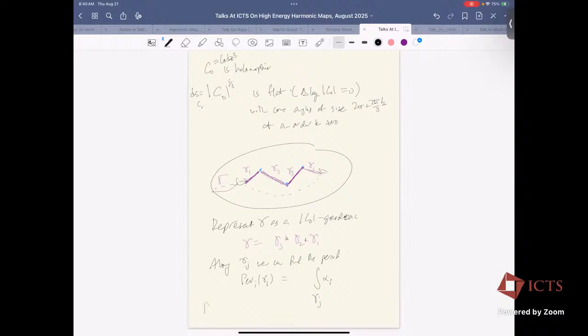And then I will define the intersection number of gamma with C0 in some funny way. I'll start with the period of gamma J with respect to I. That's a complex number, since these are holomorphic forms, alpha I. So I'll take the real part, and for each gamma J, I have three of these.